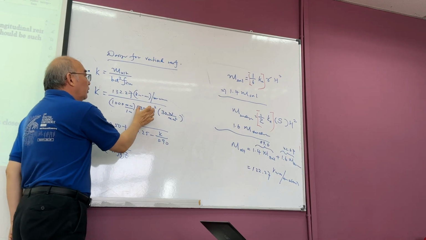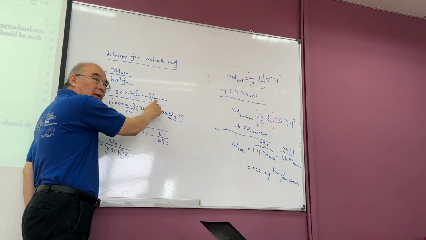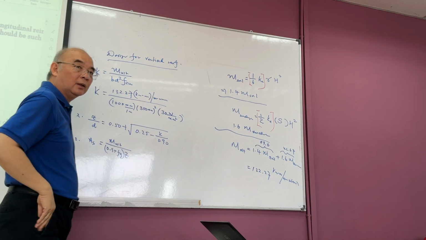Remember, this is 350, d squared is d squared.